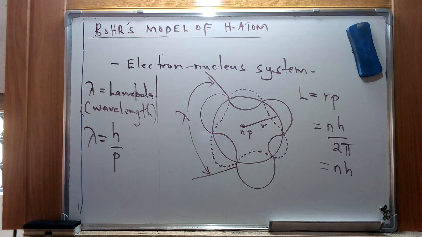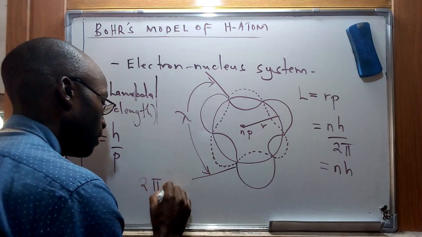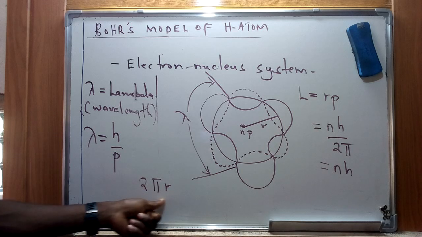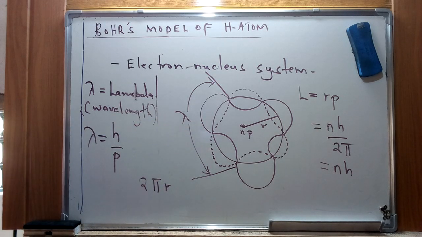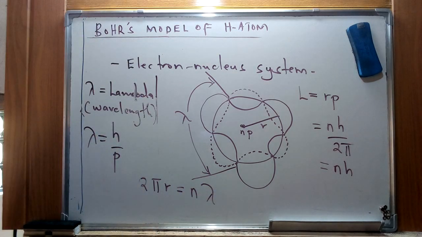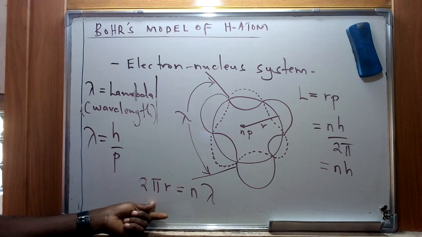Suppose I just repeat what I'd given before. If I describe this circumference using the normal formula, 2 pi r, which is the circumference with regard to this wavelength, then I have this as a particular number of wavelengths, n times lambda, which gives me the circumference.